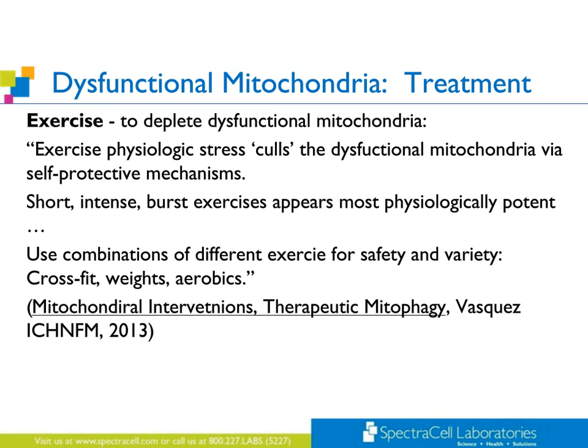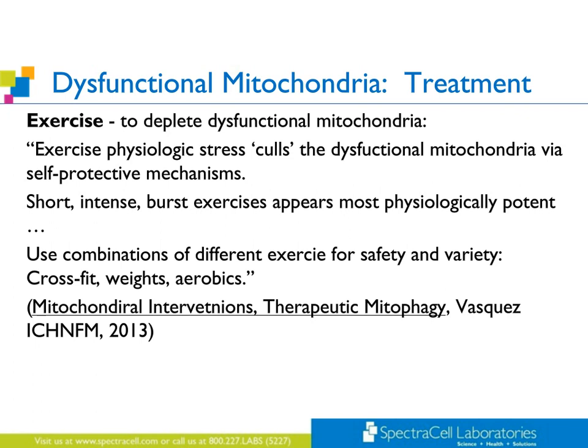And what's advocated are short, intense bursts of exercise to be most physiologic and most helpful, using a variety of different exercises instead of one long marathon. Specifically for mitochondrial dysfunction, this treatment seems to be more efficacious than running 5 miles nonstop or a 26-mile marathon.